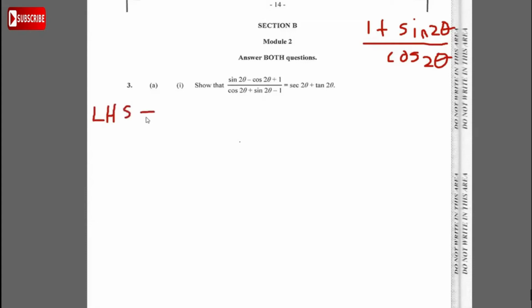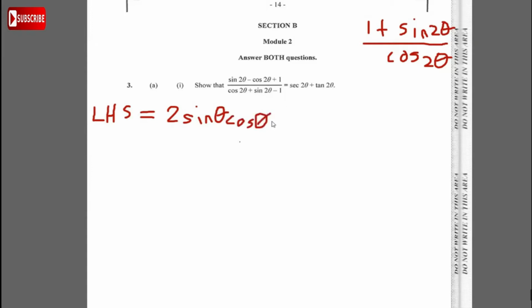Now we're going to substitute in the identity for sine 2 theta. Sine 2 theta is 2 sine theta cos theta. And then we want to plug in the identity for cos 2 theta.